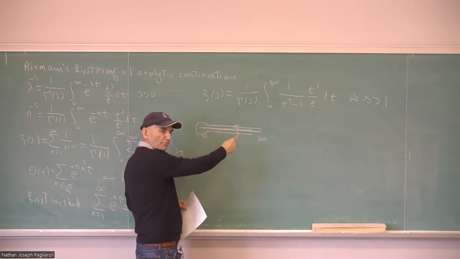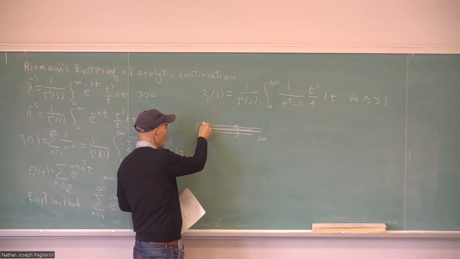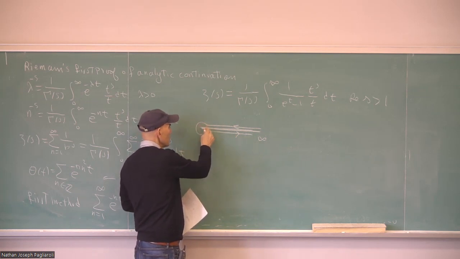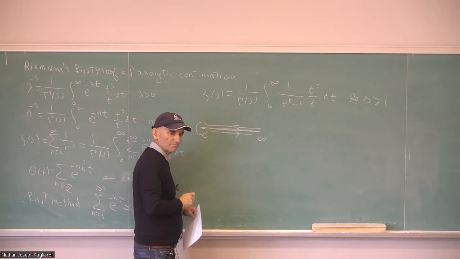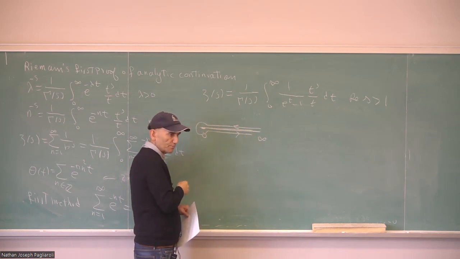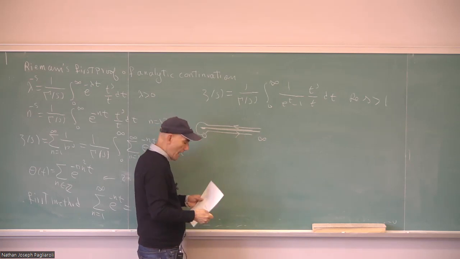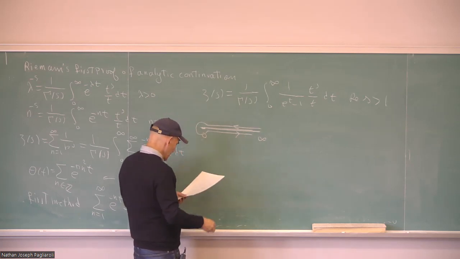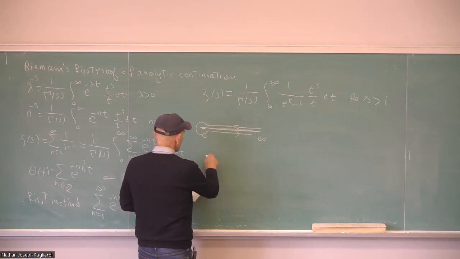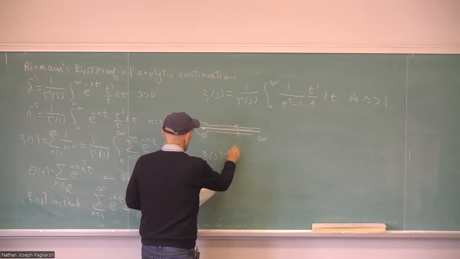So you start from infinity, you go around 0 and go back to infinity. This is a contour, and it closes at infinity. And then you just say that, well, zeta of s is equal to an integral.